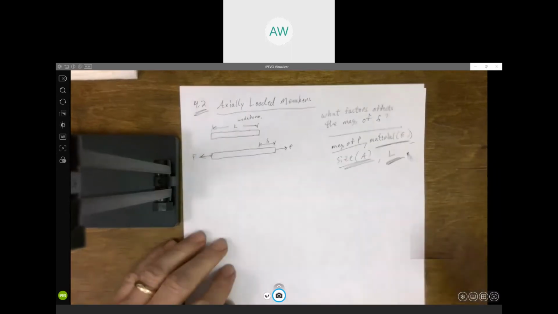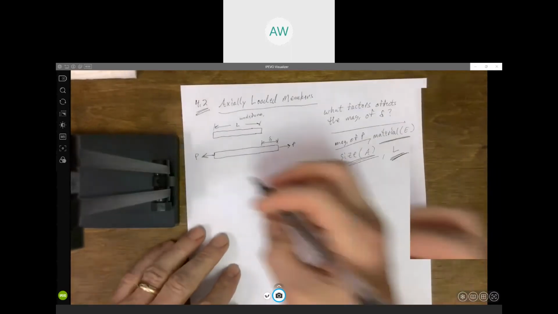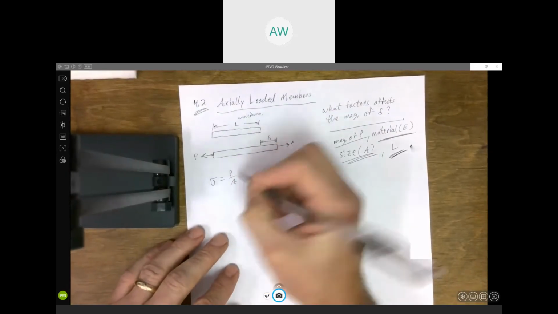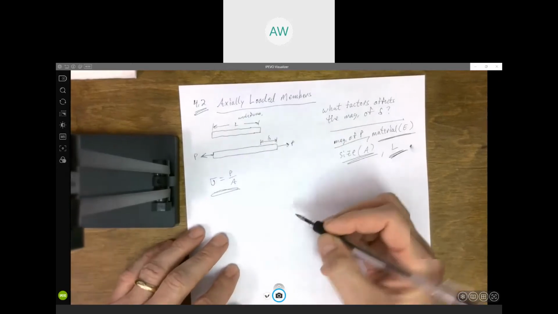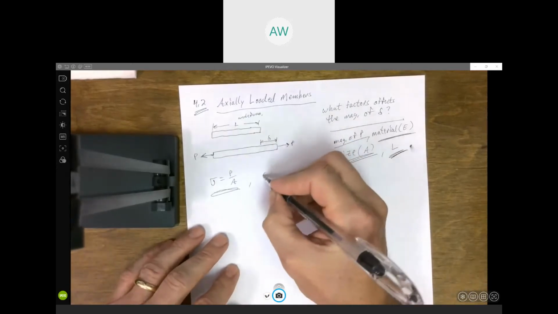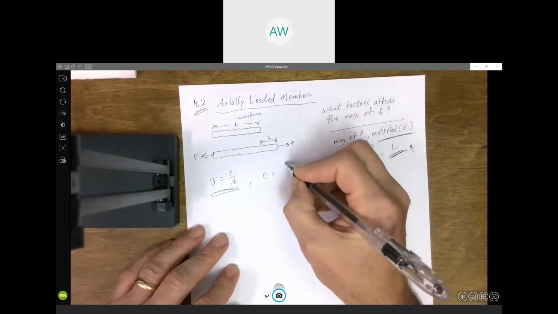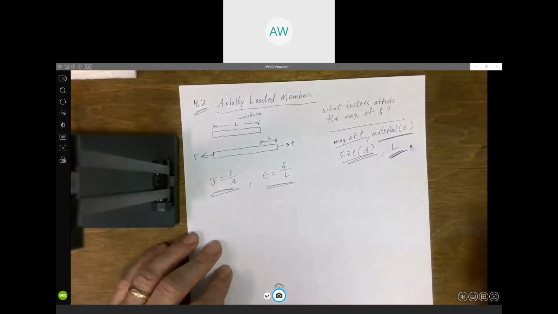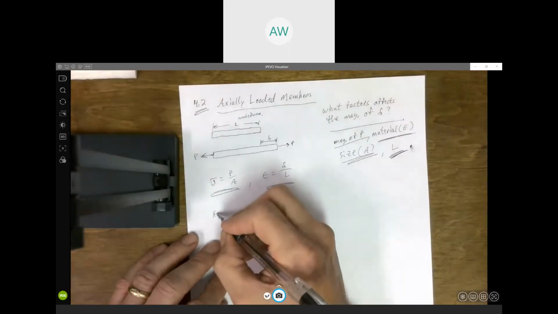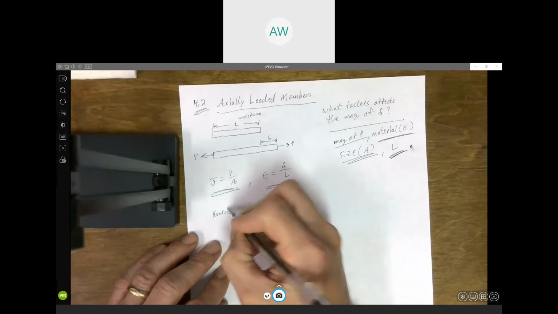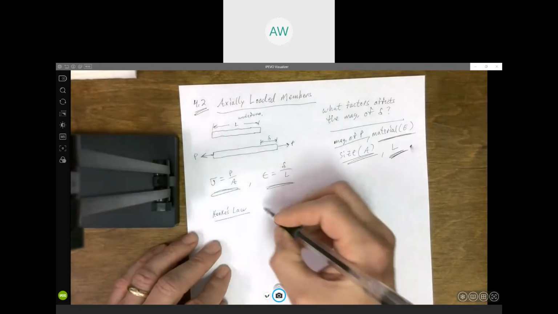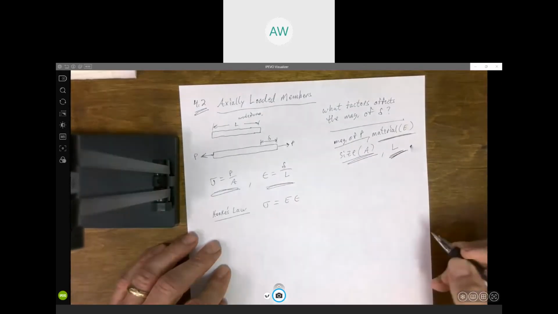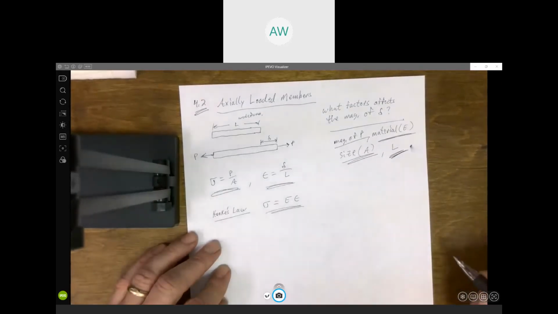Now, where this comes from, this is where we'll stop. We know normal stress is P over A. We know normal strain, right, is delta over L. So all we're going to do is take Hooke's law. We know Hooke's law says normal stress is equal to modulus of elasticity times the normal strain.